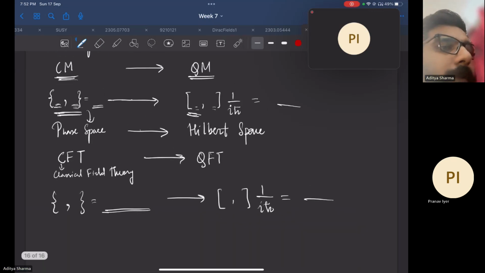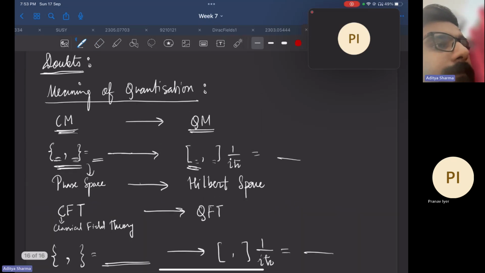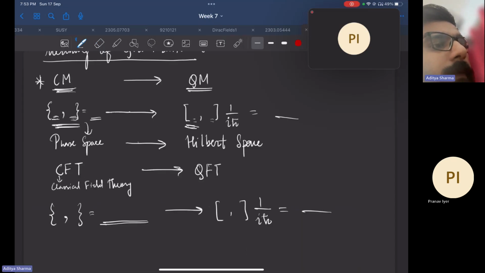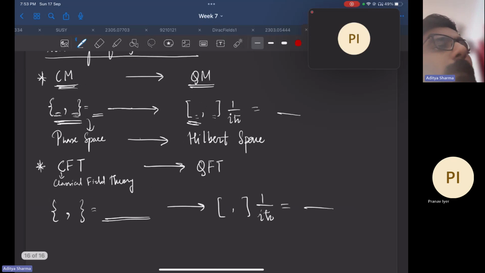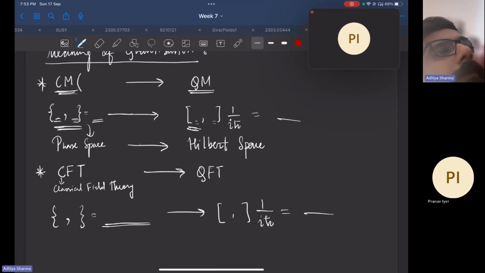Now, in this way of thought, which is the correct way of thought, in classical mechanics you have positions as functions of one variable, which is time.